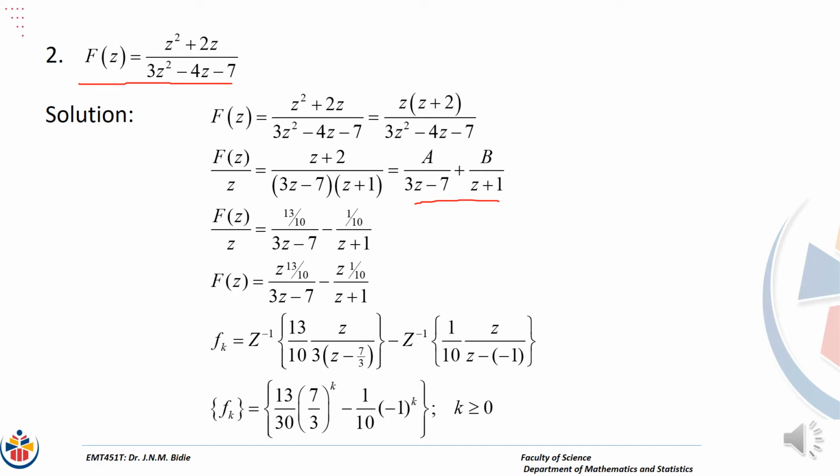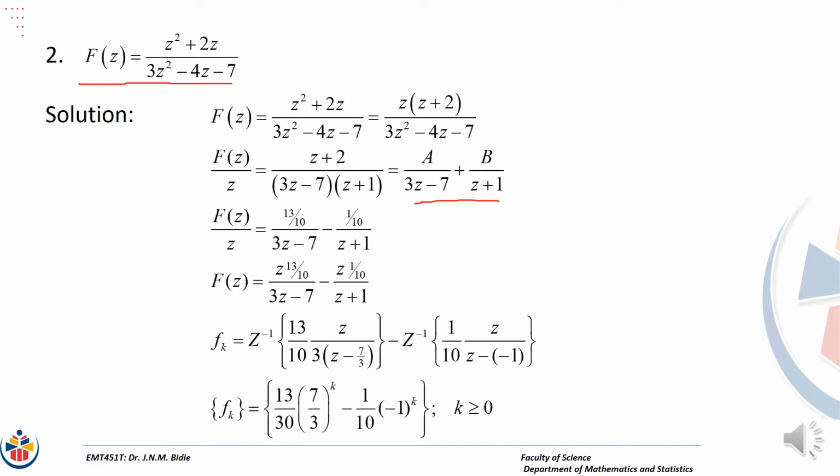I need you to note also that in order for me to get the Z transform of the first term, I could have multiplied this term by 3 over 3 so that I get 3Z in the numerator. But then I chose to take out 3 and then have Z minus Z over 3 in that denominator.